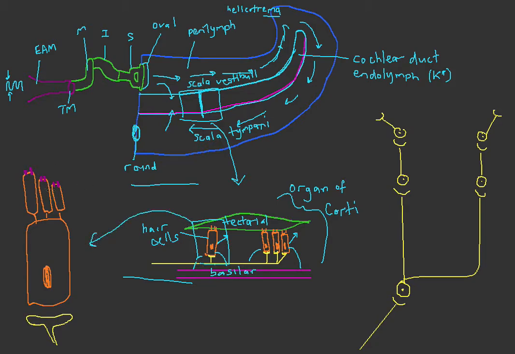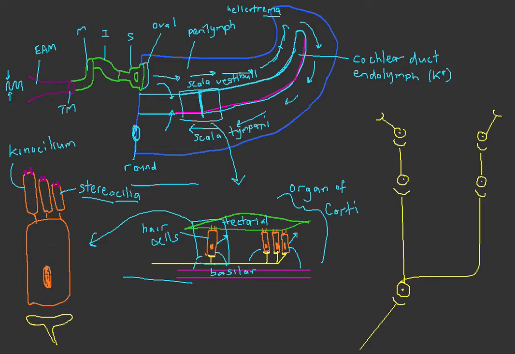So we isolated one here, just zoomed in a little bit further, and these hairs are pretty complex structures called stereocilia, which is a nice name because stereo you think of sound, and cilia you think of hair. So there are these stereocilia, and the largest one is called the kinocilium.